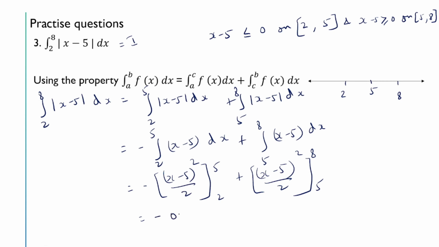So minus 0 plus, when we substitute the lower limit, here in place of x we have to substitute 2. So (2 minus 5) the whole square is (minus 3) the whole square, so it is 9 by 2, plus, here when we substitute the upper limit, we get (8 minus 5) the whole square by 2. So it is 3 square by 2 or 9 by 2 minus, when we substitute the lower limit, 5 minus 5 is 0. So it is 9 by 2 plus 9 by 2. So it is equal to 9.